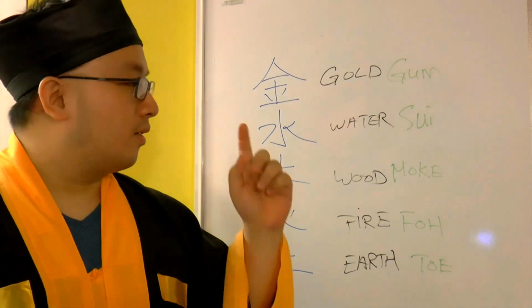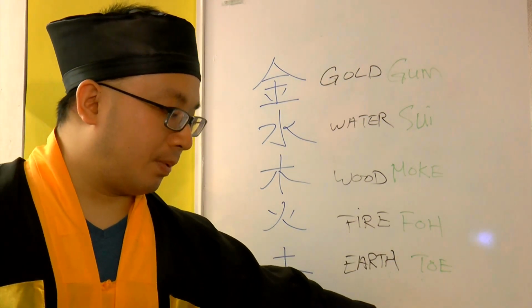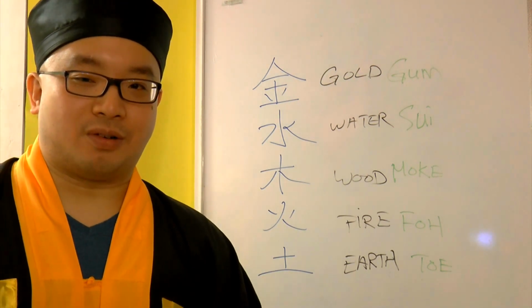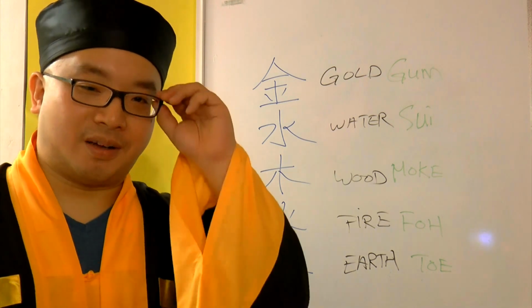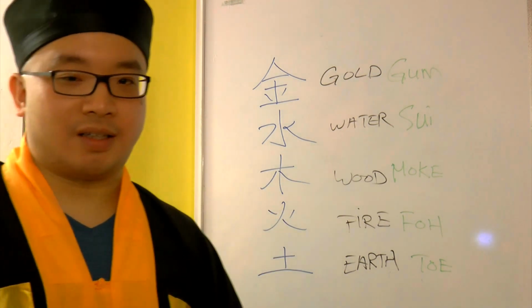Okay, so let's talk about these elements. Now, a lot of people know the 5 elements, but a lot of people really do not know what they are and what it is really about. Now, the 5 elements cycle is a very interesting cycle.